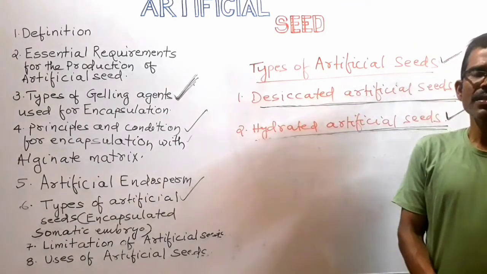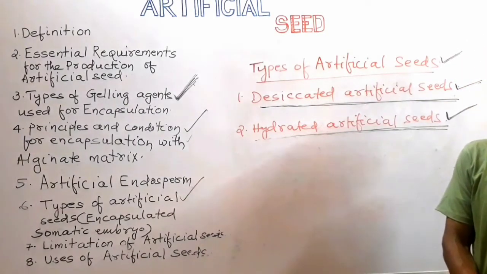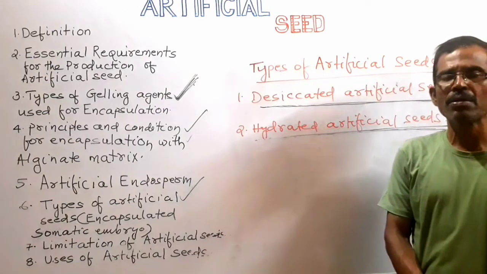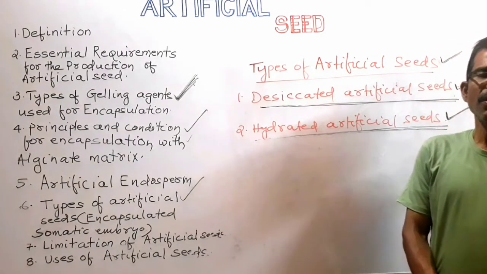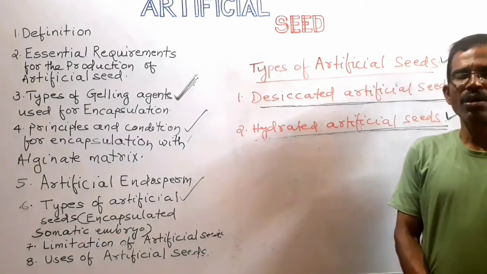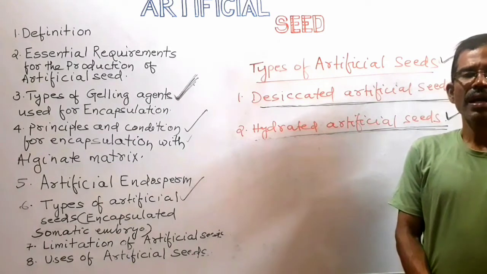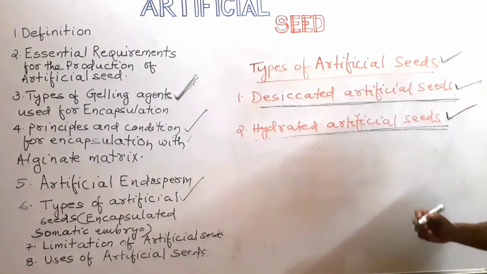The desiccation tolerance of somatic embryo can be induced by applying a maturation medium of high osmotic pressure. Desiccation tolerance can also be induced by applying sublethal stresses like low temperature and nutrient deprivation.